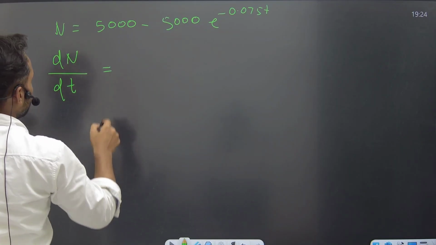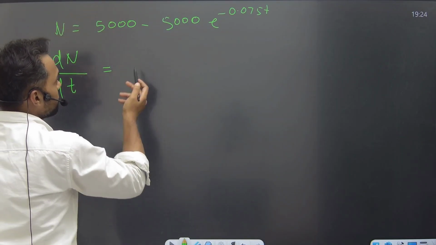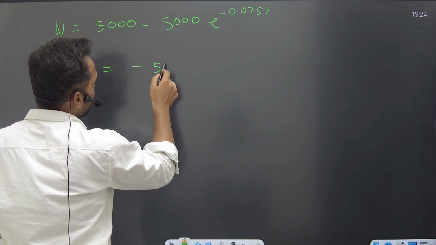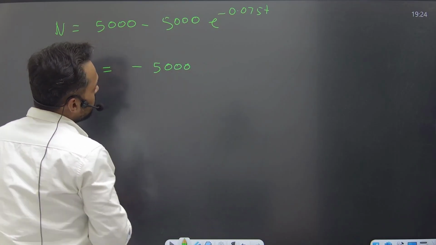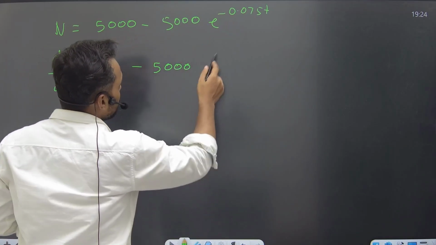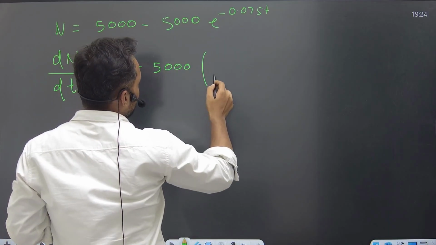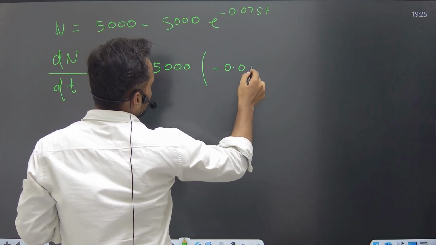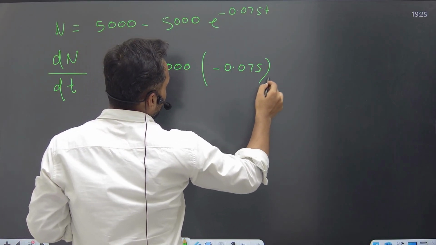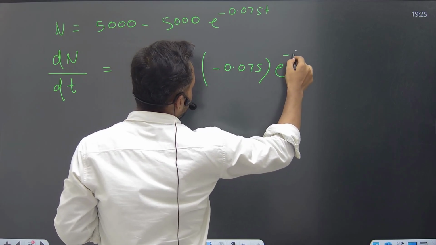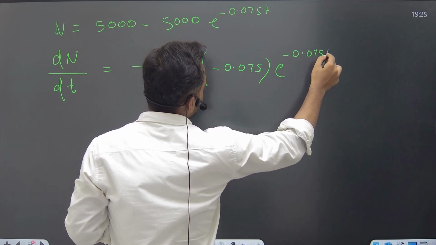This is the constant term, so it will be 0. Obviously the 5000 was already written, and for this differentiation you will get negative of 0.075 into e raised to negative of 0.075 t.